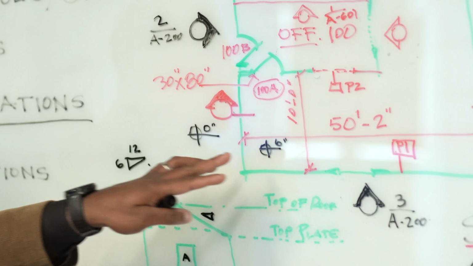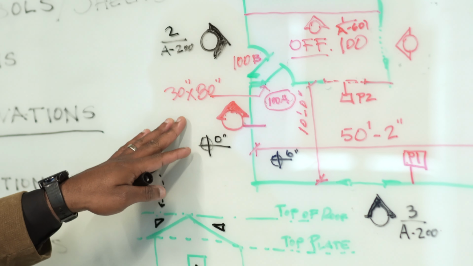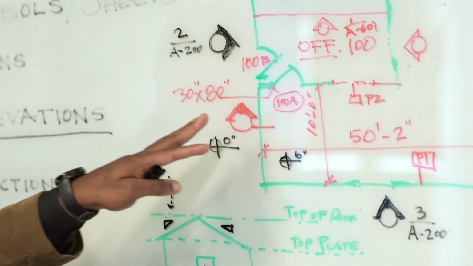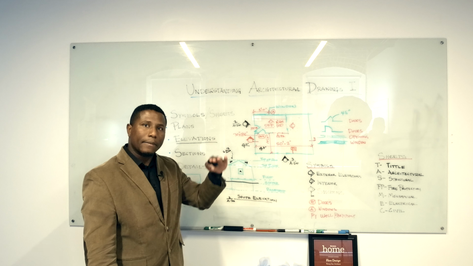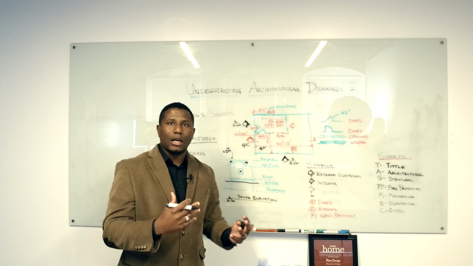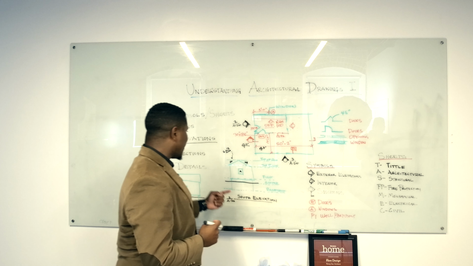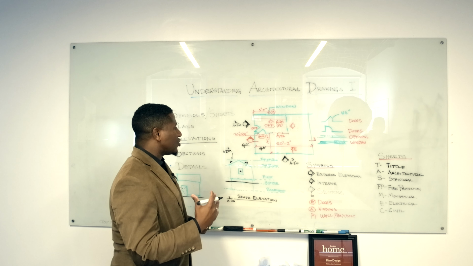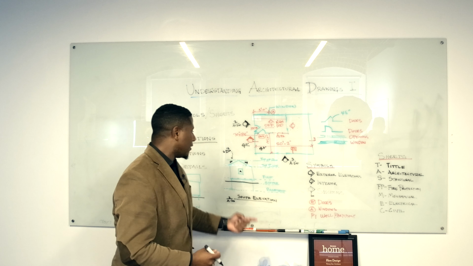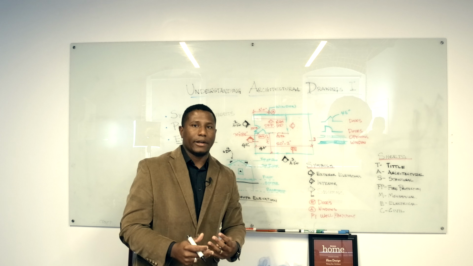So in plan, you could get a sense of, okay, if I am on the ground, but I'm getting into the house, there is a 6-inch difference in height. So floor plans sometimes give you some elements and information that relate to the elevations, but it's not as intense as having an exterior elevation that shows those items.